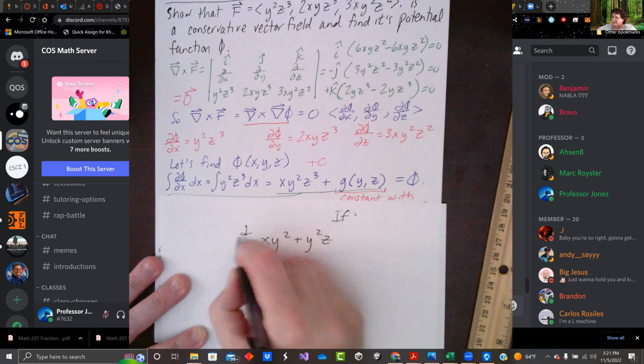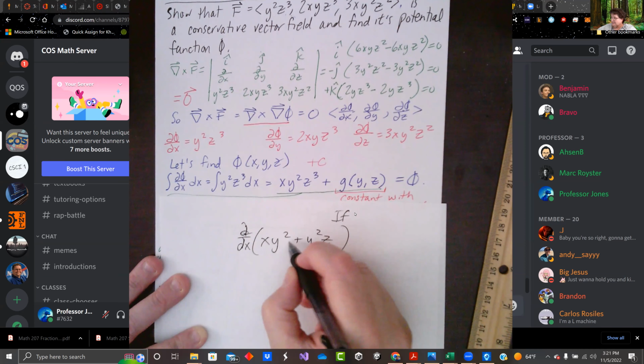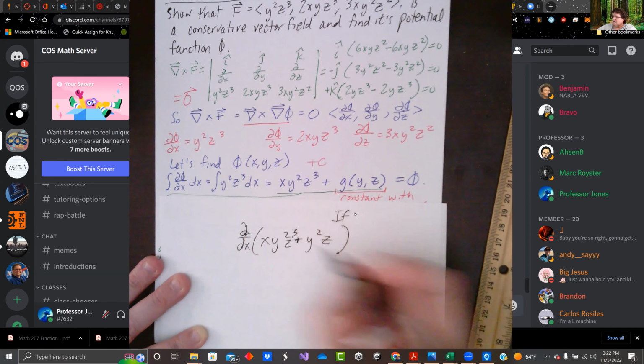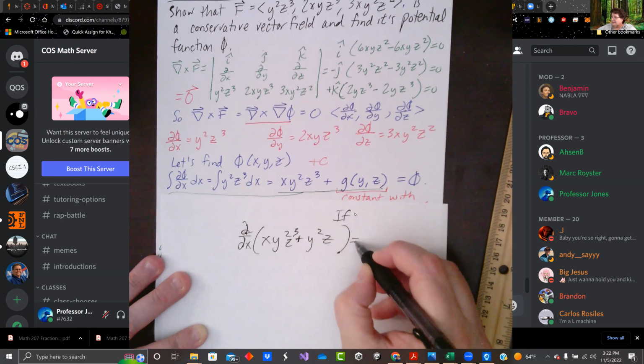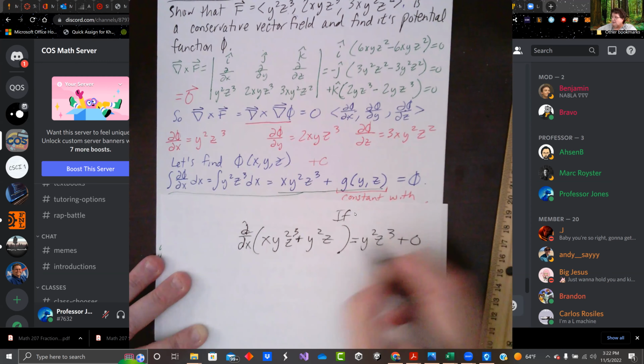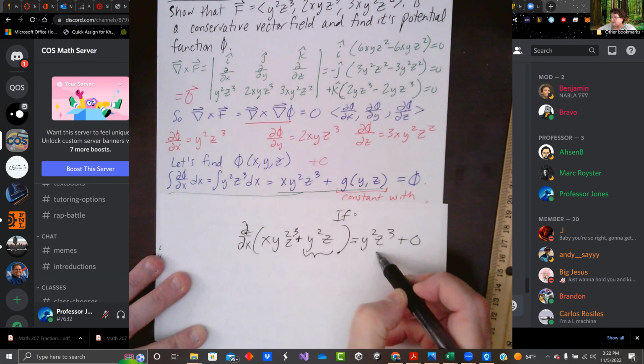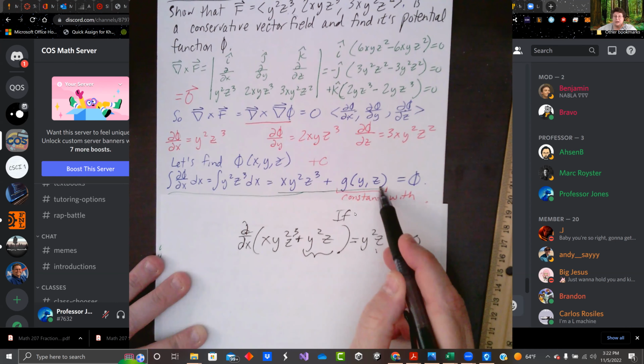When I take the partial derivative with respect to x of this, I get y squared z cubed plus 0, because this does not have an x in it. It goes to 0. So when we integrate, we have to say it's a constant function with respect to x.